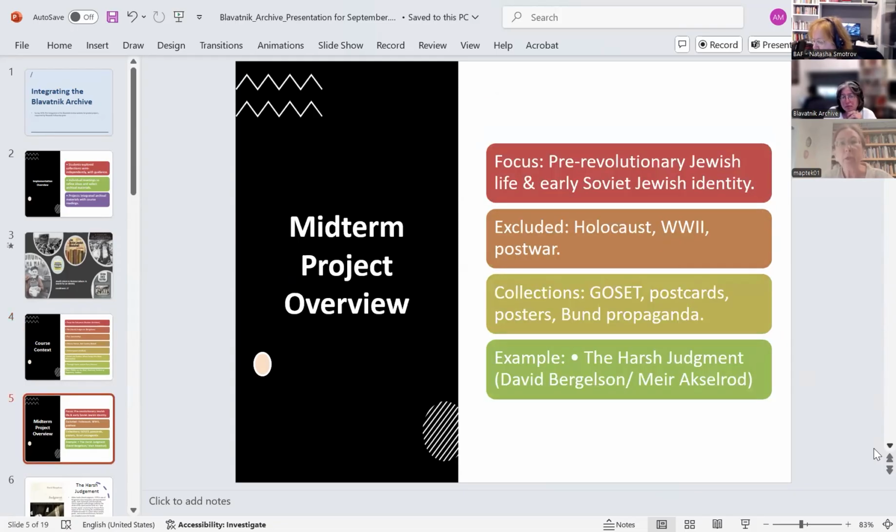it doesn't have subtitles. So the focus was on pre-revolutionary Jewish life and early Soviet identity. And later we spoke about late Soviet identity and immigration.